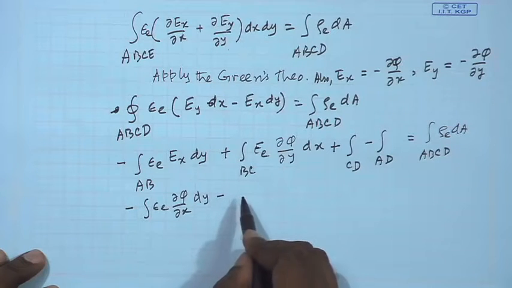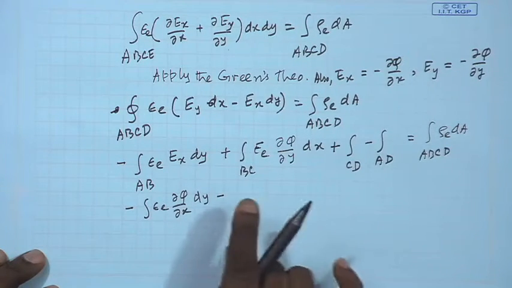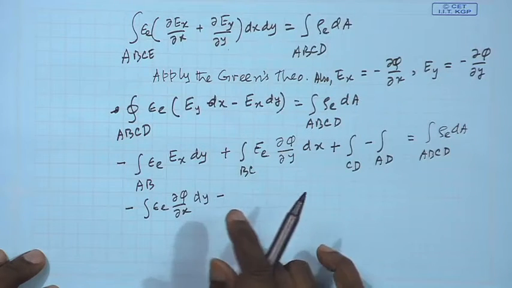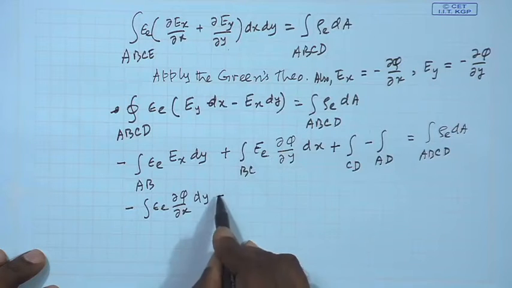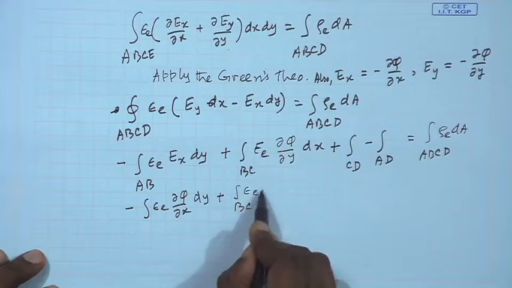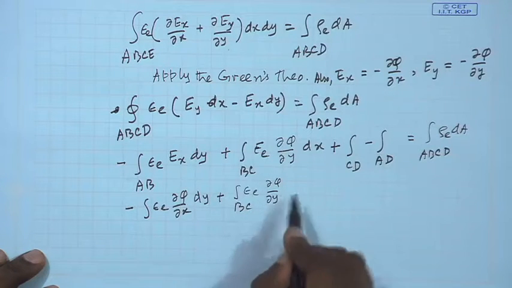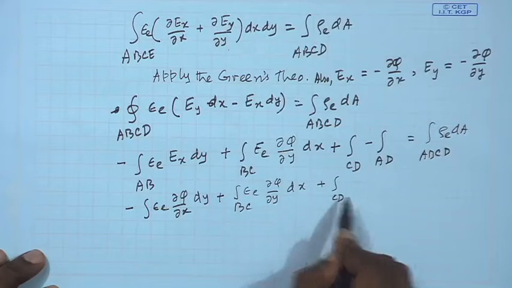Then the one about BC is positive, so this becomes negative, already taken care of. So this is BC epsilon E del phi del y dx, and so on, CD and minus AD.